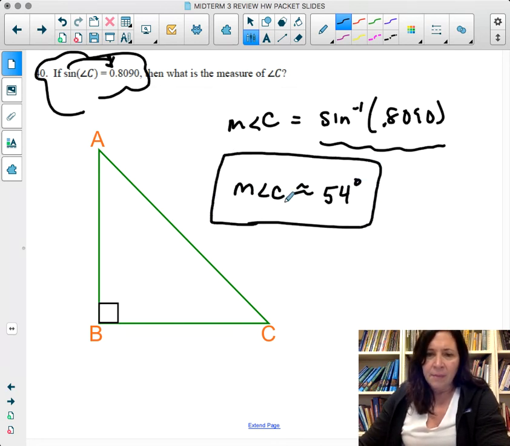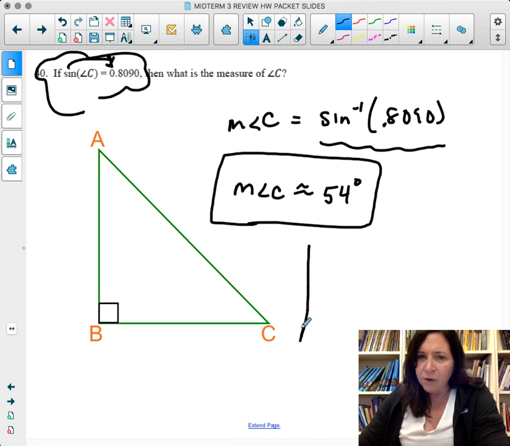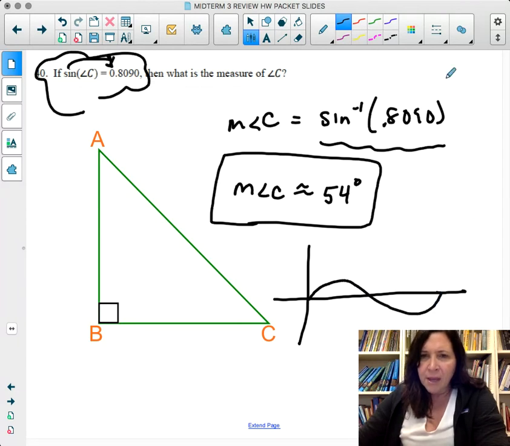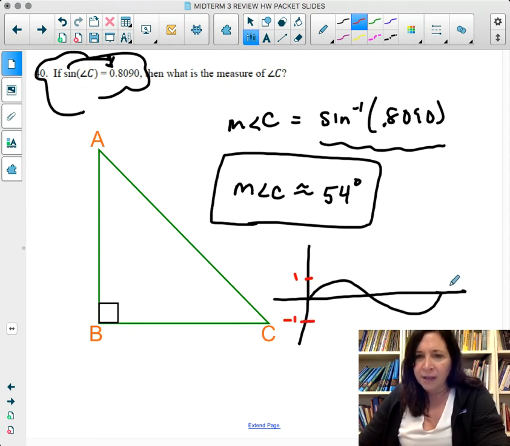I know some of you, we've gone over this with the graph, so just to reiterate, remember a sine wave does this. You know that the top value is 1 and this is -1, and this is the unraveling of the unit circle. This was 360, this was 180, there's 90.